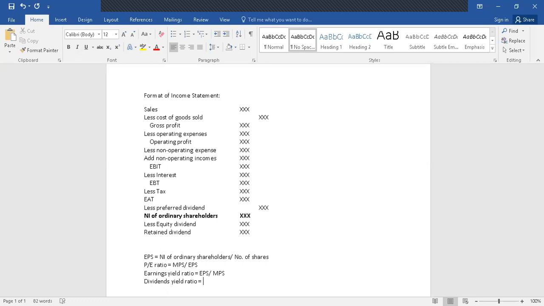So we have to look into the dividend yield ratio, which is, in place of earnings, dividend. So it will be DPS divided by MPS. Let's check the dividend.